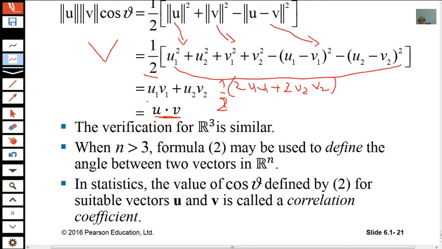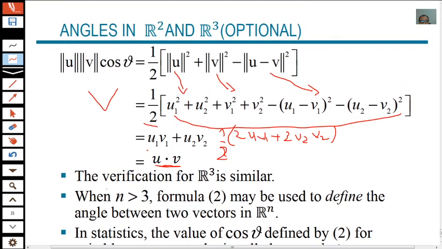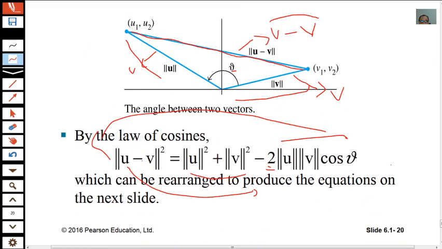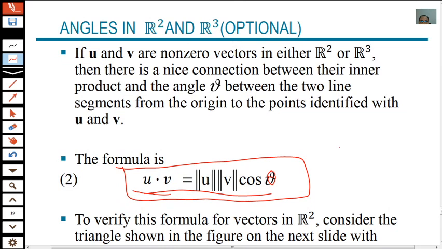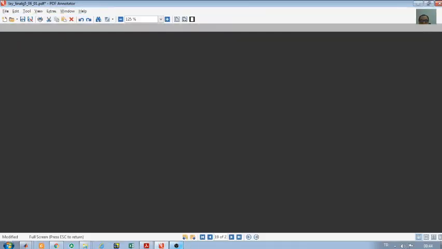And in statistics, the value of cosine theta defined by this formula for suitable vectors u and v is called a correlation coefficient. Okay, therefore this is a very important formula, and you know it actually from calculus 2. Thank you very much.